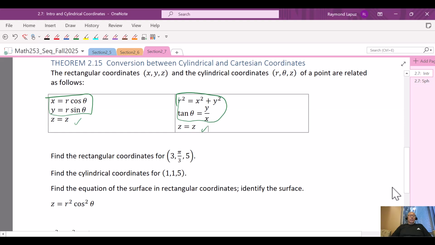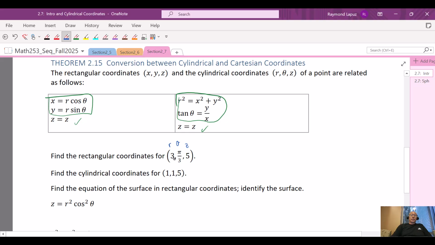Alright, let's take a look at some examples. Here we have cylindrical coordinates given to you, and we're asked to find the rectangular coordinates. So we have an r, a theta, and a z. Well, the only thing we need to do is figure out what x and y are.